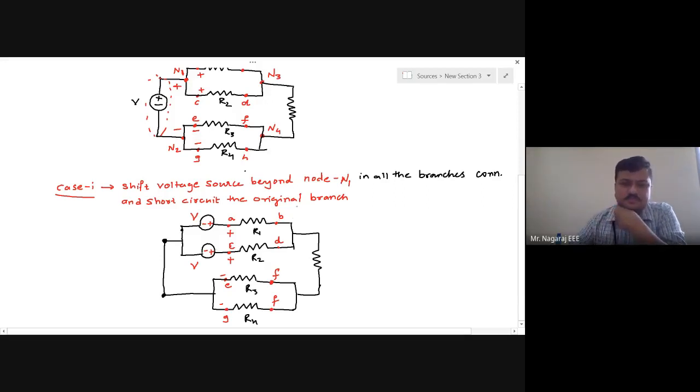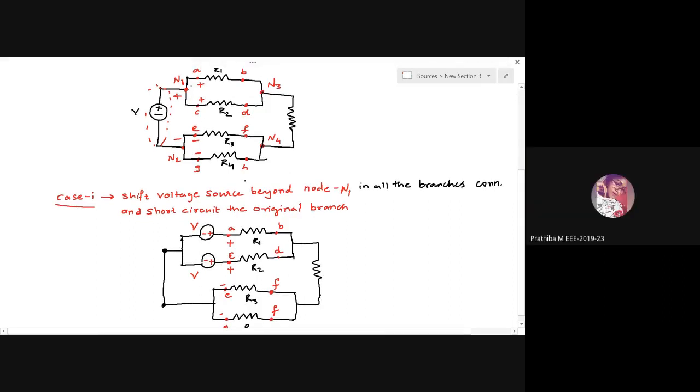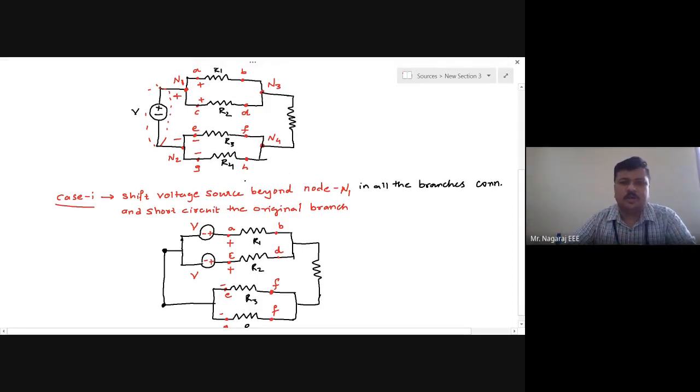Will it serve the purpose? Yes, sir. A terminal of R1 is positive with original connection. C terminal of R2 is positive with original connection. Now A terminal of R1 is positive, C terminal of R2 is positive. So here the things are taken care of.